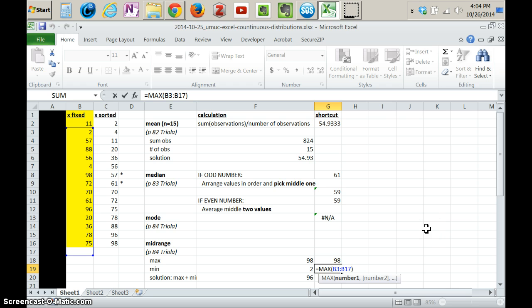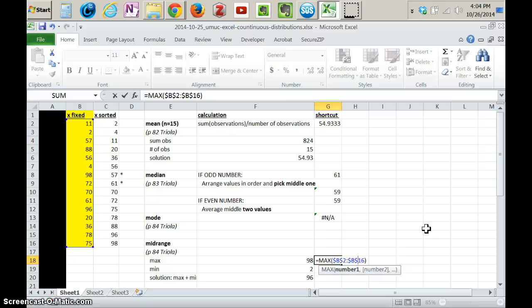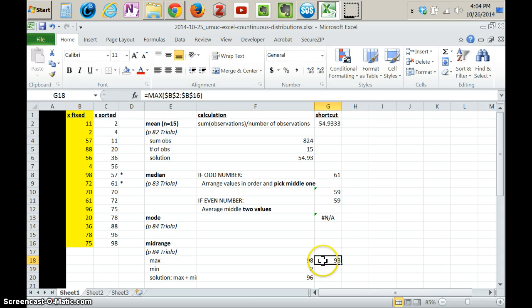Just as another side note, if I wanted to fix that, like if I want to do a lot of copying and pasting of the formula, I can come in and put a dollar sign before the cells that I want to fix. So if I want to fix B2 and B16, I would do that. And then when I move it, it won't change, and it'll still be B2 and B16. But in this case, I actually want to do a completely different formula, so that's great.